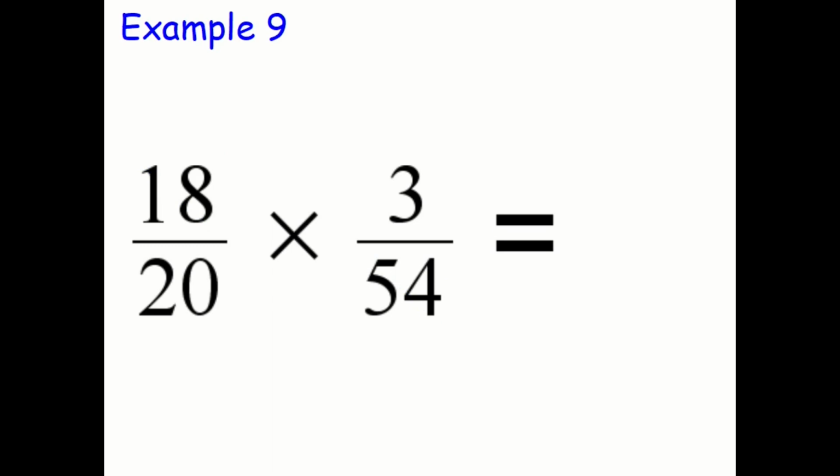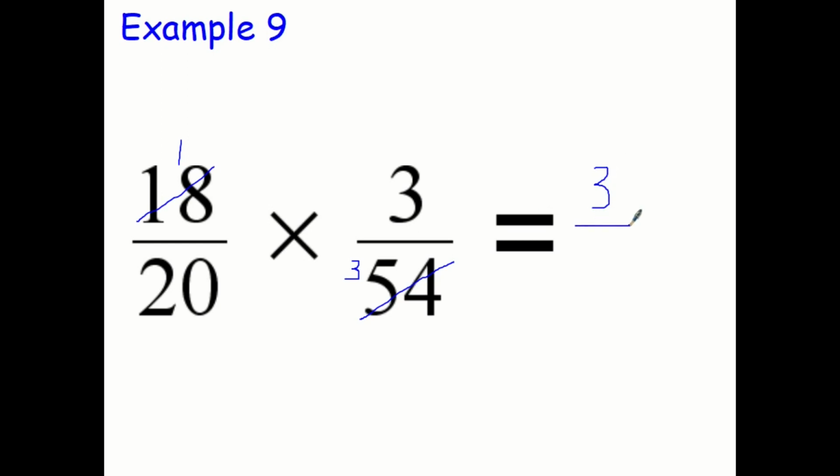The highest common factor there is actually 18 itself. So if I divide 18 by 18, I get 1. If I divide 54 by 18, 18 actually goes into 54 3 times. So I get 3 on the bottom there. So 1 times by 3 for the numerators is 3.